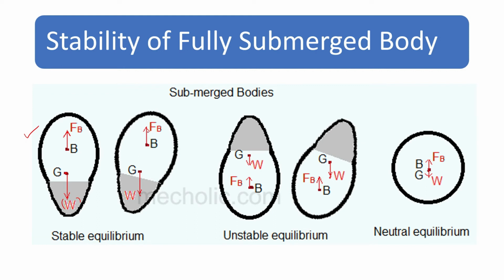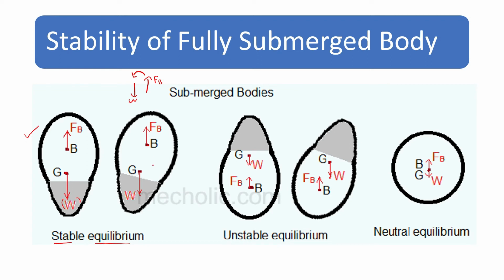If you draw the forces FB and W, the forces will be like this. This will cause a couple which will tilt the body back to its initial position. That is, it is creating an anti-clockwise moment. So this is called a stable equilibrium.